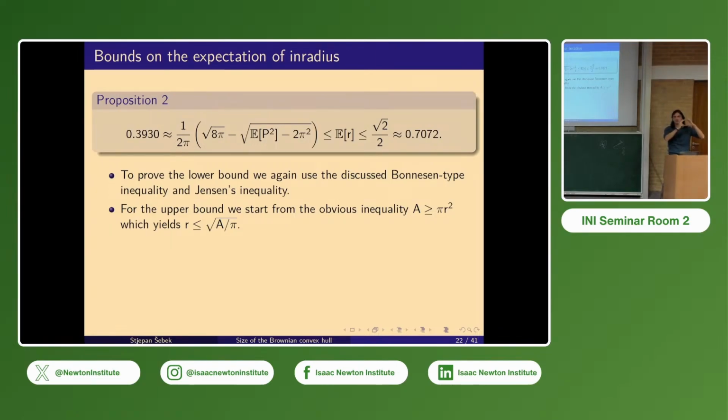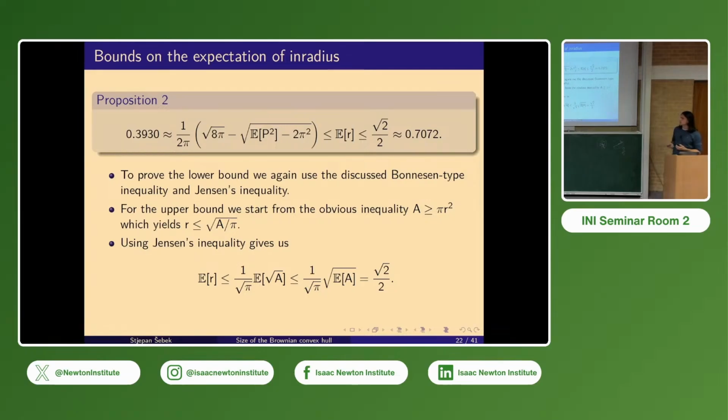For any convex set, when you inscribe something inside it, it has area smaller than the whole thing into which you inscribed this circle. So only from there, and again Jensen, we got this upper bound of square root of 2 over 2.